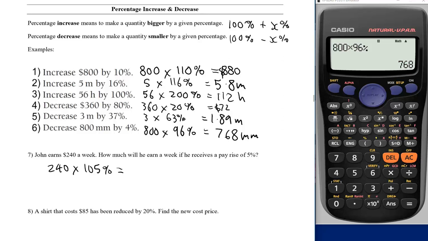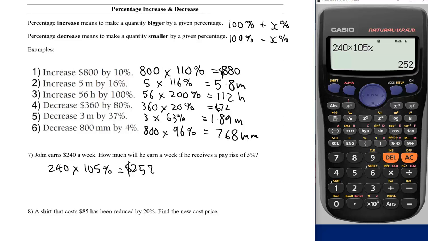Make sure you write the percent when you're doing your working. Don't write times 105. So 240 times 105% equals $252. So he's going to get an extra $12 each week to spend on whatever he likes. Lucky John.